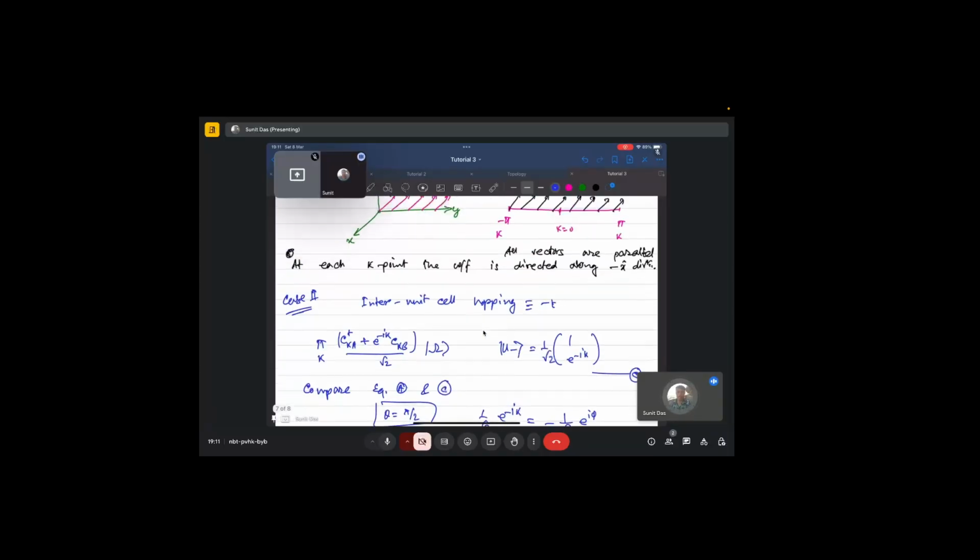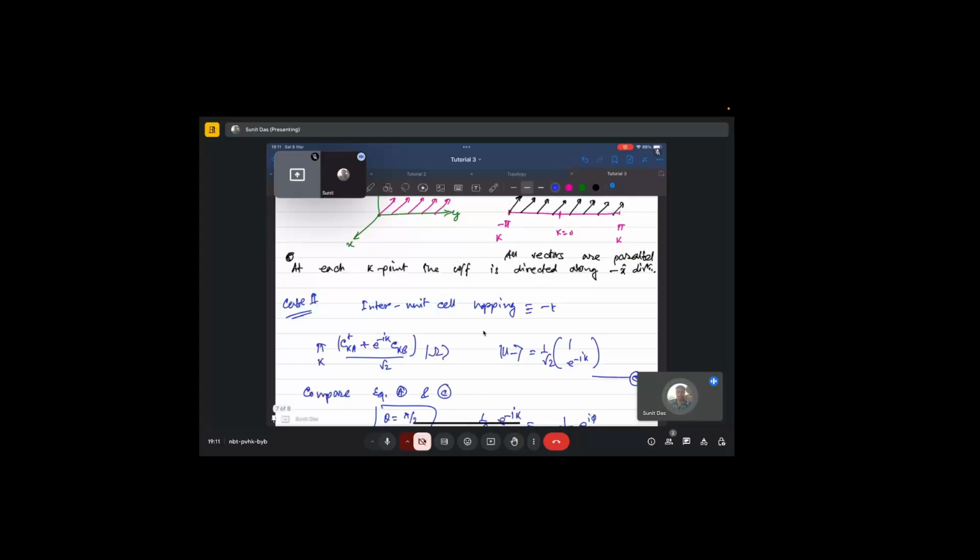In the previous case we got phi equal to pi, so all the wave vectors at each k point were directed in the opposite direction of x, the minus x axis.